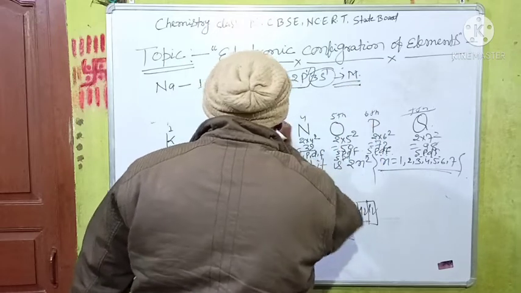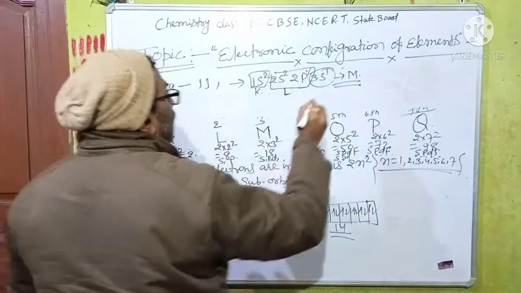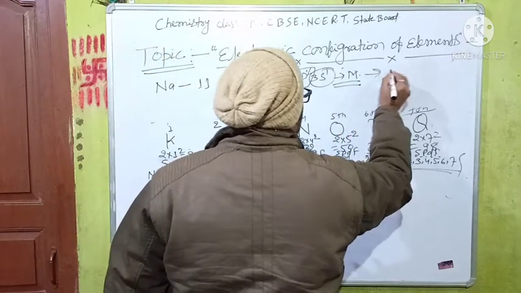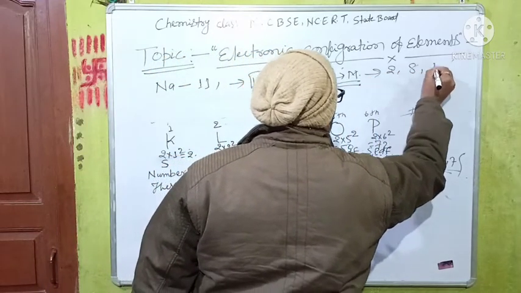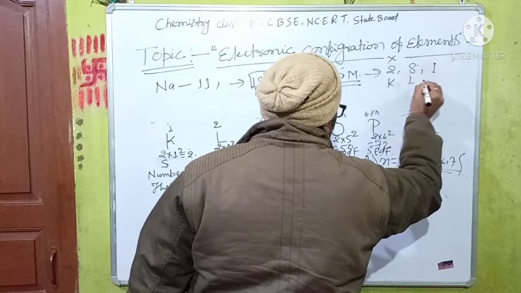So its electronic configuration is also written as 2, 8, 1, meaning K, L, M.